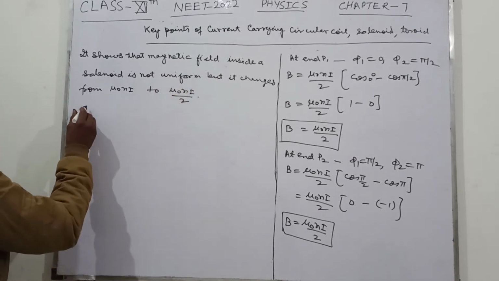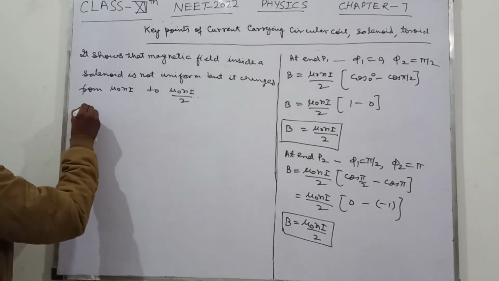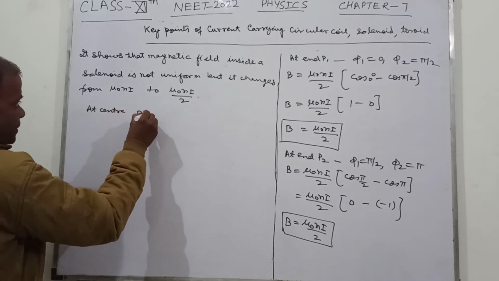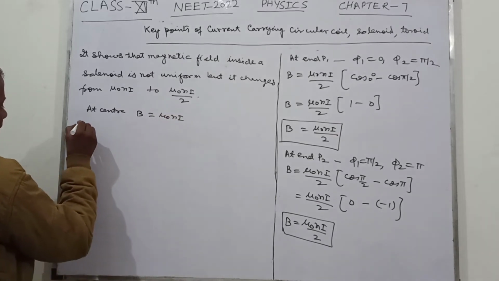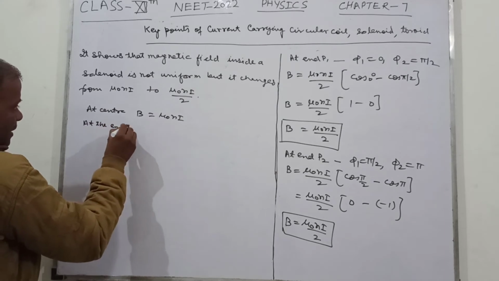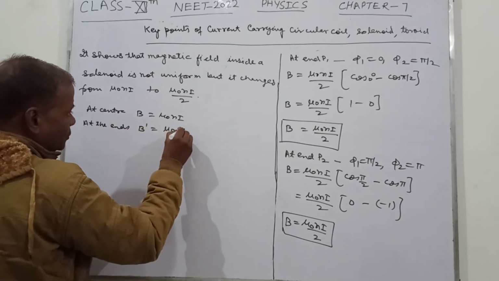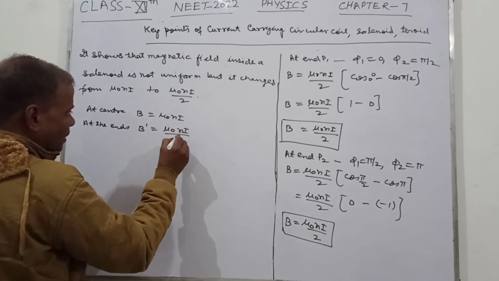So at the center, B is equal to mu naught Ni. At the ends, B dash is equal to mu naught Ni upon 2.